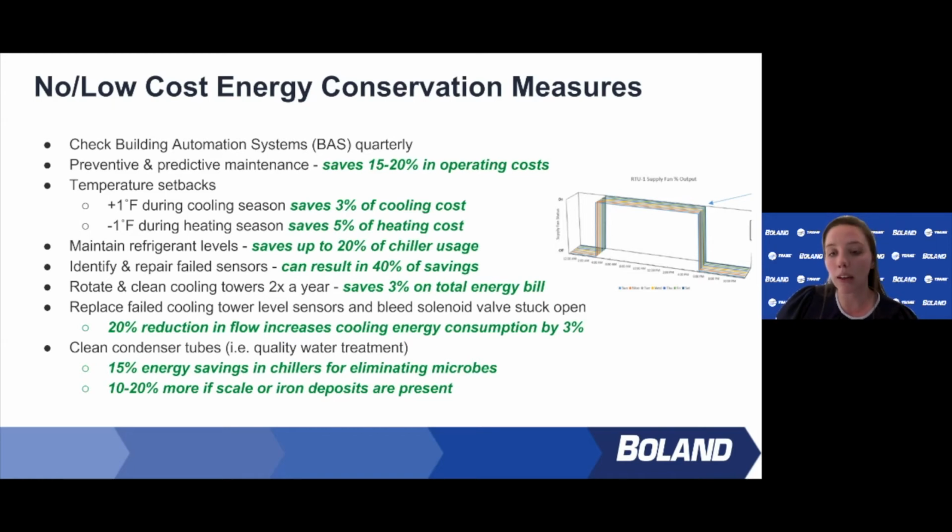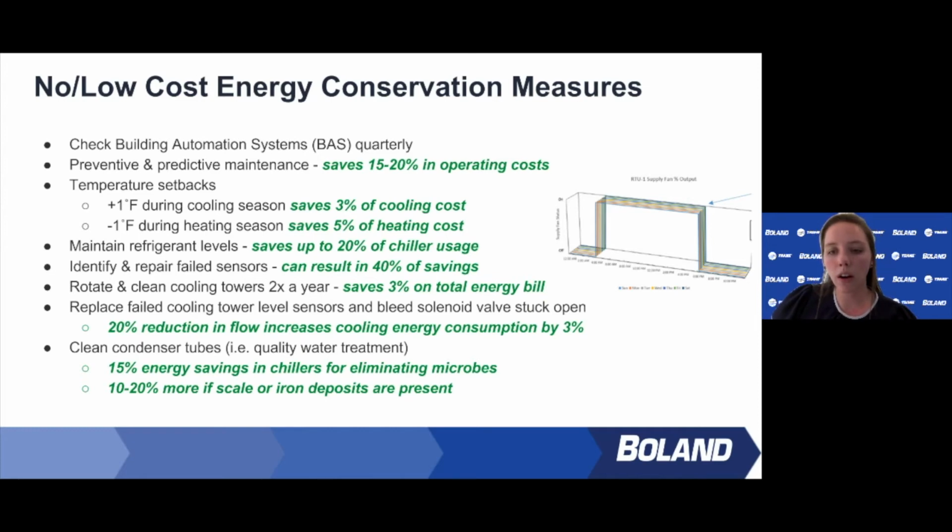You know your building best, so all these might not be appropriate solutions, but we can talk more about this later. Or you might want to take action on something that we discuss in one of these slides. And real quick, we have it organized by no cost, low cost, so that's something you might do in-house or something that might be just a small fee, and then we have low cost and then capital.